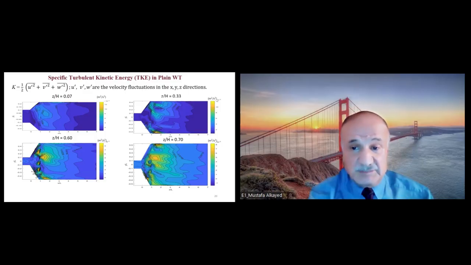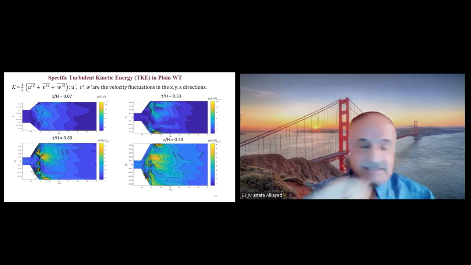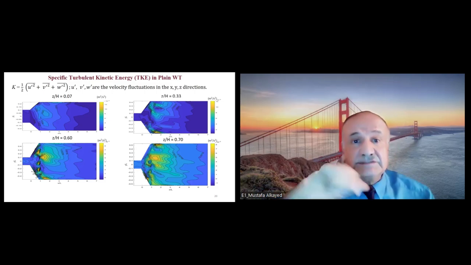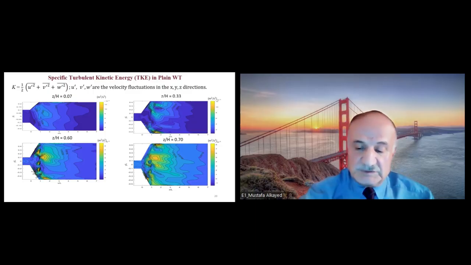So this is a big problem in open channels. As we can see, if we go upward to the upper level, we have a new spot here and it's bigger at the water surface. The turbulence expands or becomes stronger from the bottom to the top.